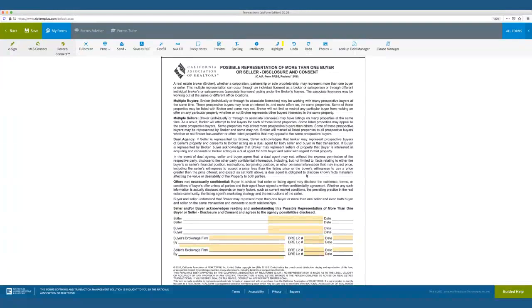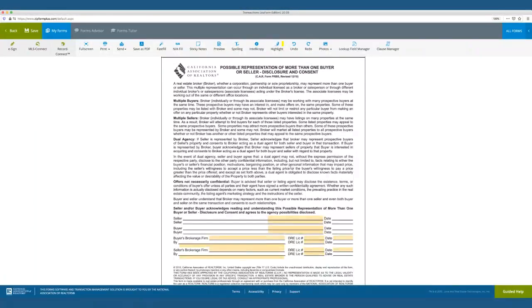Other agents in the same brokerage could be submitting an application for lease on that very same property, and we need to disclose that to this tenant. So while it says seller and buyer, they should be changing this, because that's confusing when we ask tenants and landlords to sign this, but that's what this form is about.